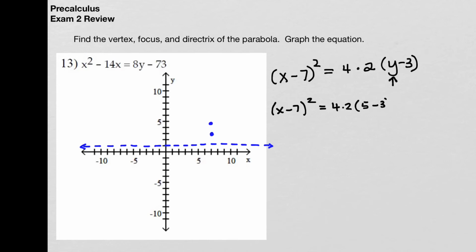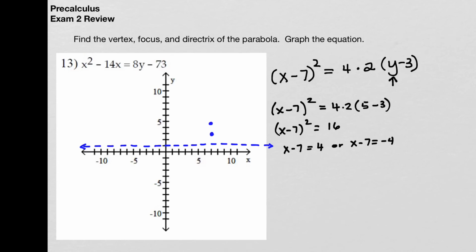If I do the arithmetic on the right-hand side, 5 minus 3 is 2, times 4, and that gives me 16. Now I can take the square root of both sides, and I get x minus 7 equals 4, or x minus 7 equals negative 4.